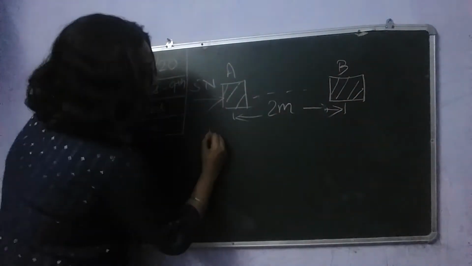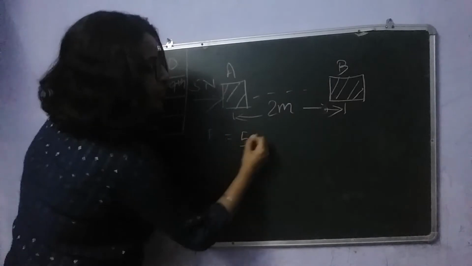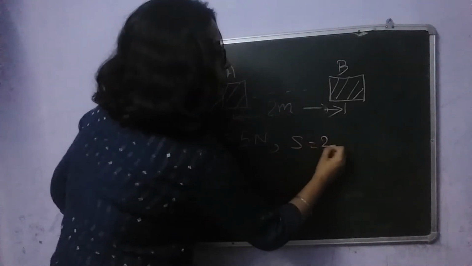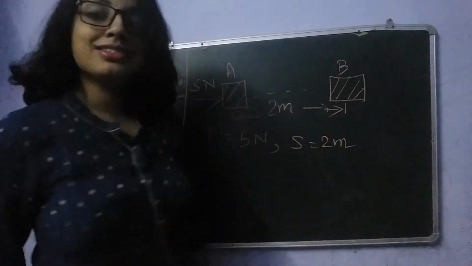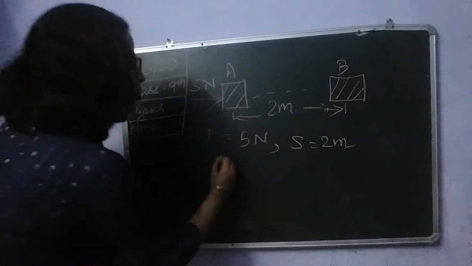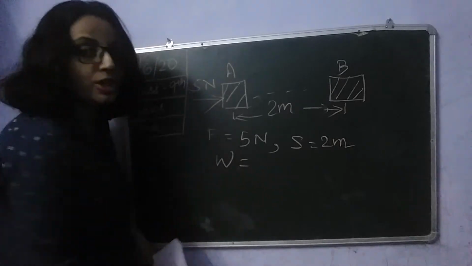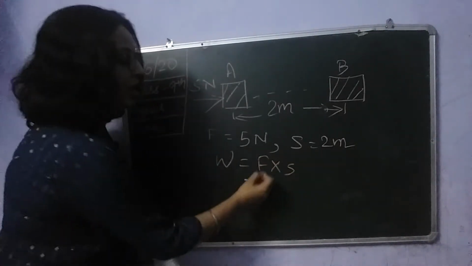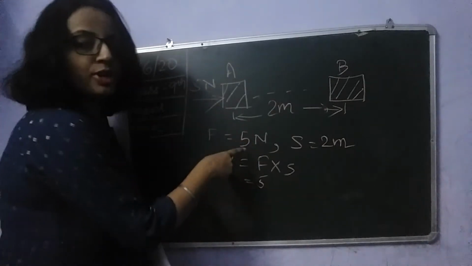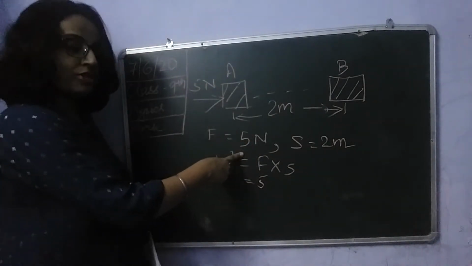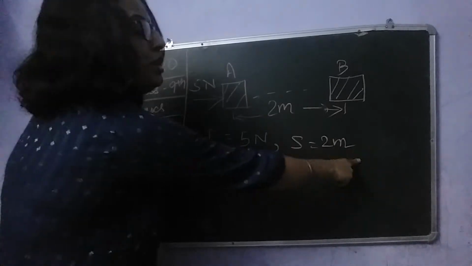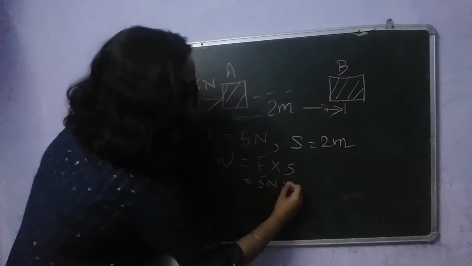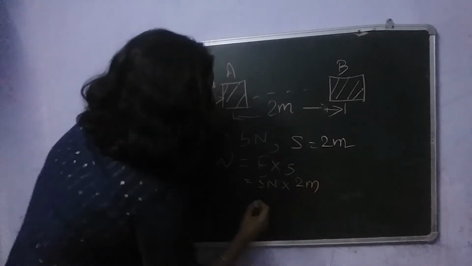Here force is given 5 Newton and displacement is given 2 meter. As we know, the formula for finding work done is force into displacement. So we can write 5 Newton into 2 meter.